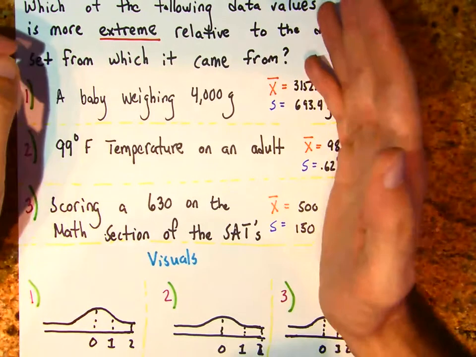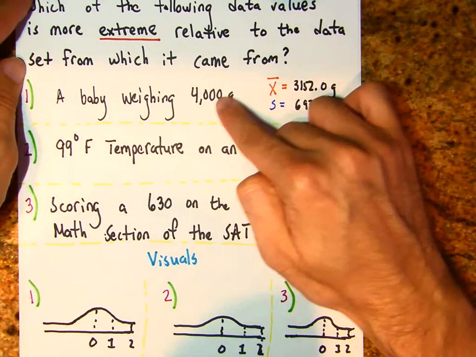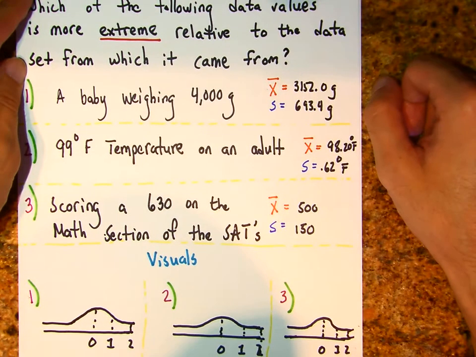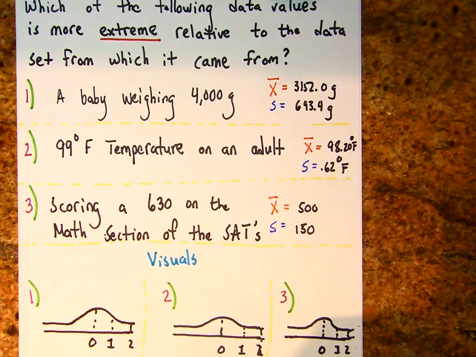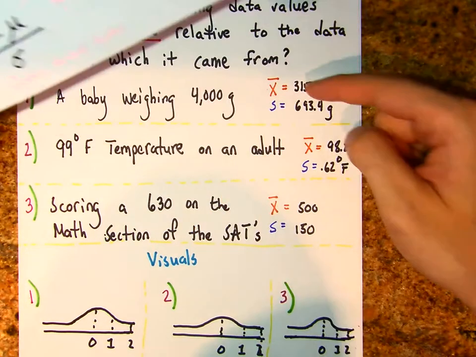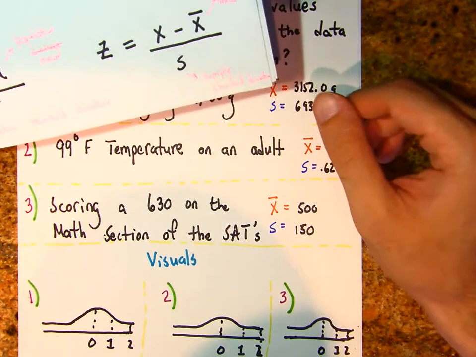Which is more extreme? The idea is you want to take the Z value for each one of these examples. Okay? So using our formula that we have over here, calculate the Z value for each example below. Okay? Pause the video and try and do that. All right?